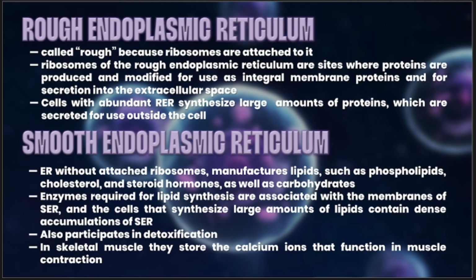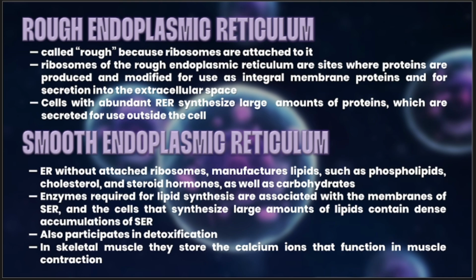It's for the synthesis of proteins that are not destined for the cytosol, including those meant for secretion or incorporation into the cellular membranes. Okay? It also begins the process of glycosylation for glycoproteins. And it also performs modifications on newly formed polypeptides, which includes folding and assembly into multi-chain proteins. So again, those are the functions in protein synthesis and segregation, in initial glycosylation, and in post-translational modifications.